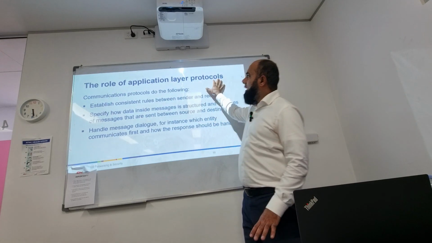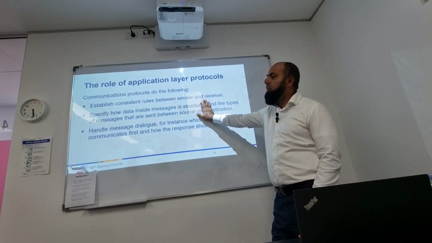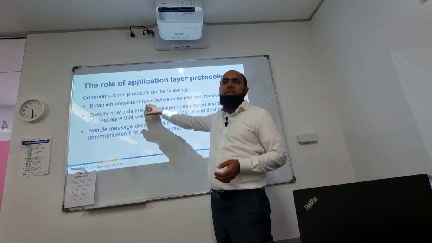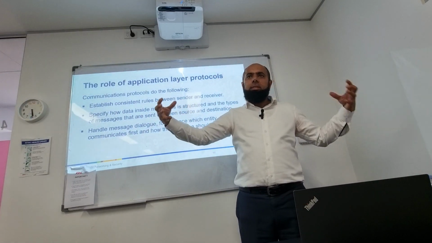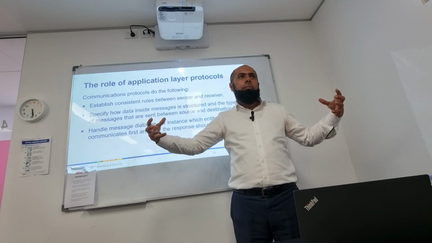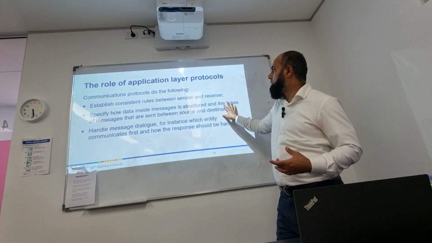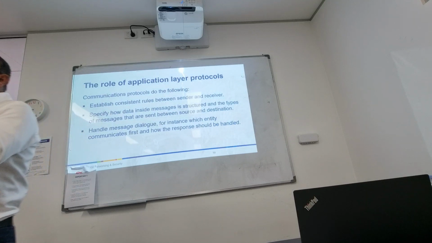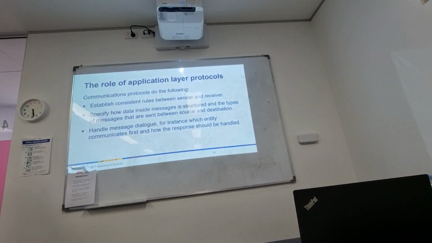Okay, the role of application layer protocols. First of all, what we need to do is establish a connection between a sender and receiver. Second, how your message is structured. That's the same thing I explained already. The message should be in some format.